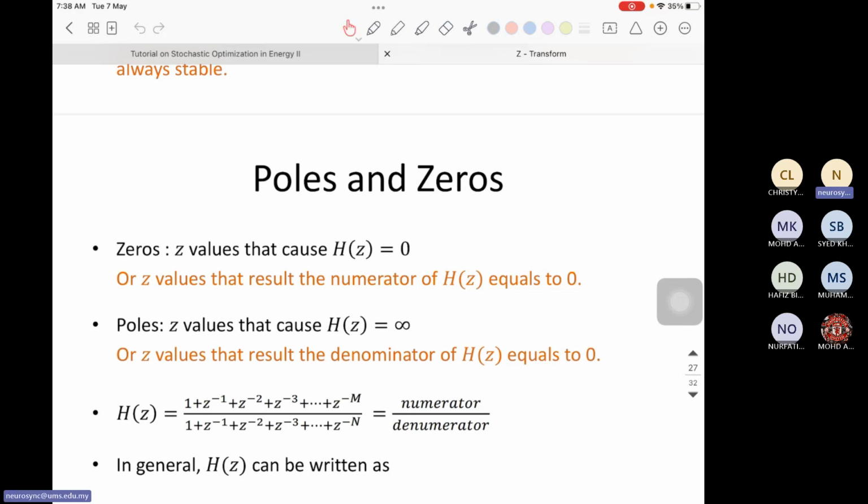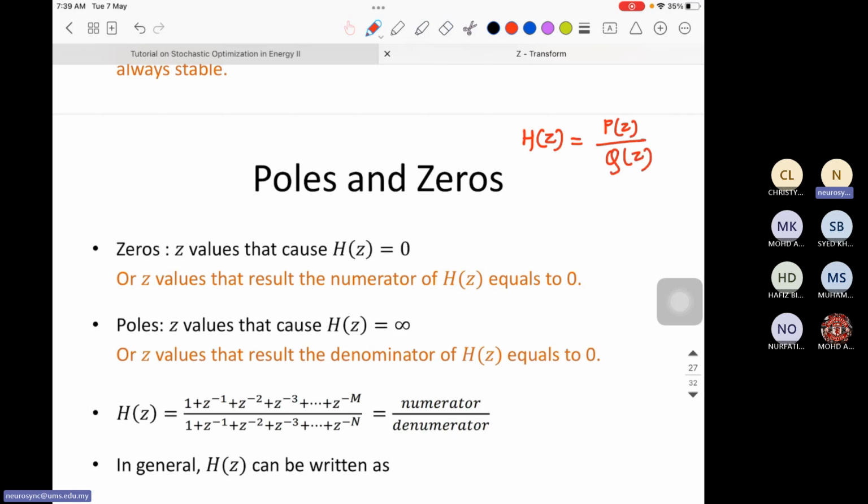Now, how to define the poles and zeros of the system? Basically, this Z transform is in the form of a polynomial, the ratio of polynomials. That is, I can say this H of z is P of z divided by Q of z.